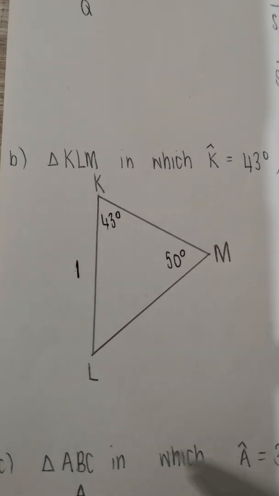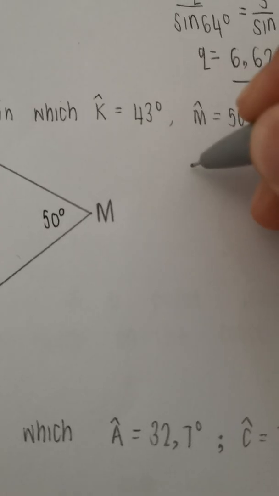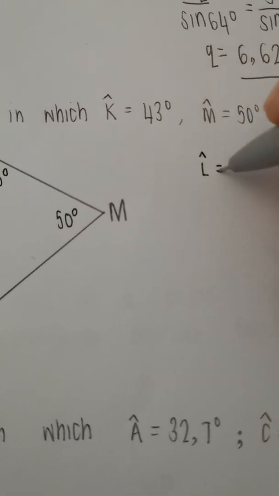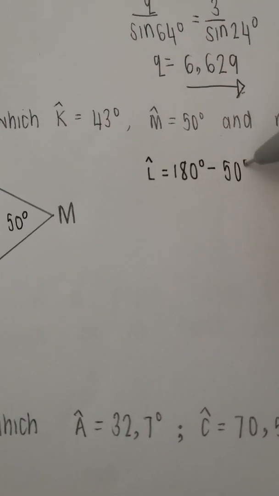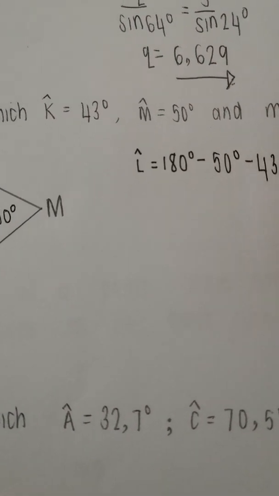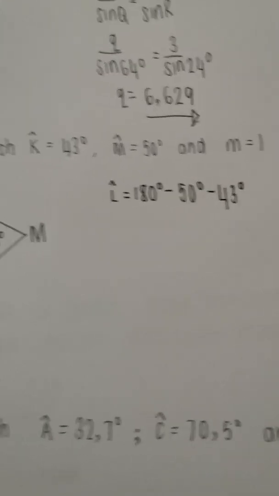The easiest to do would be angle L. So let's start with that. Angle L is equal to, what am I doing? I'm using the sum of interior angles of a triangle.